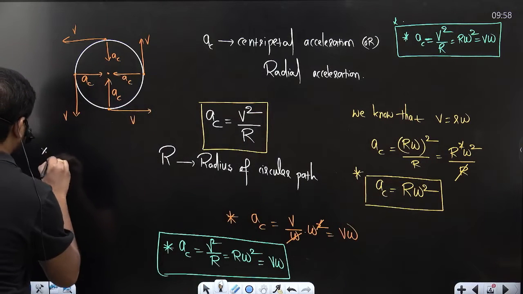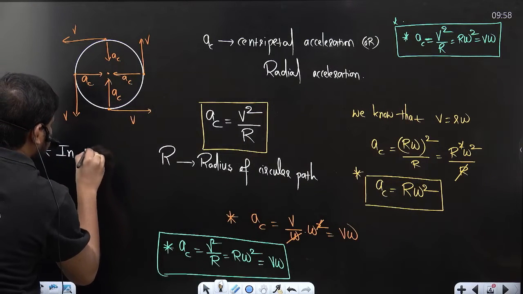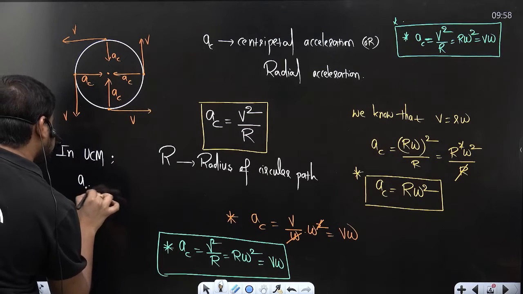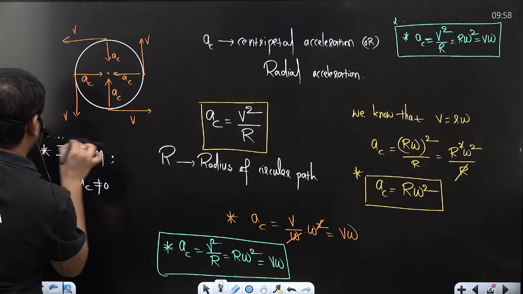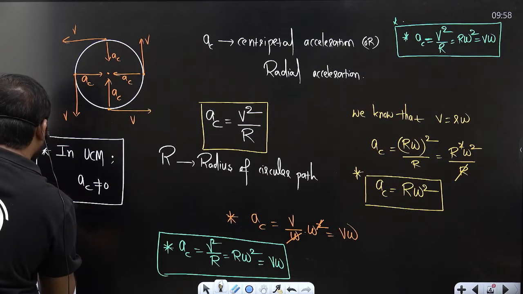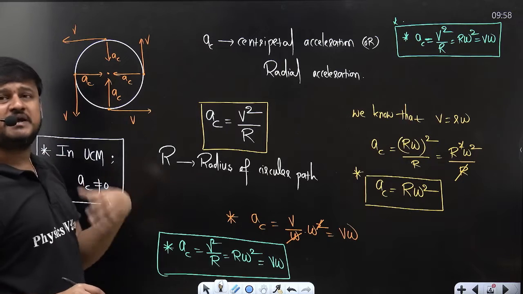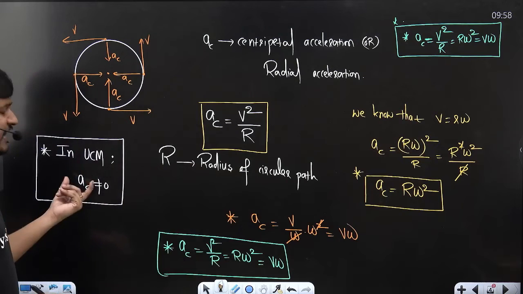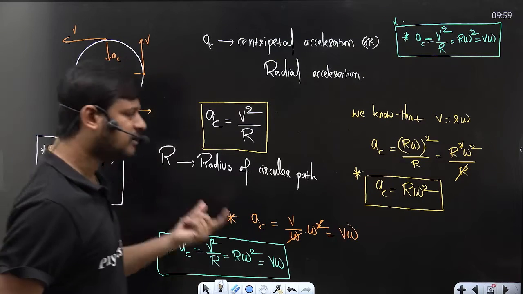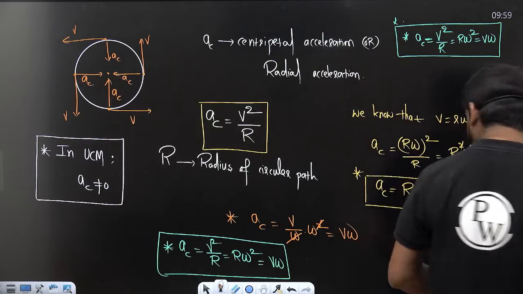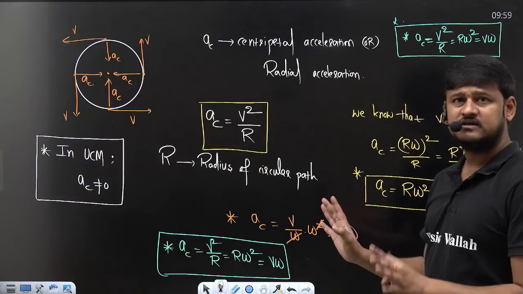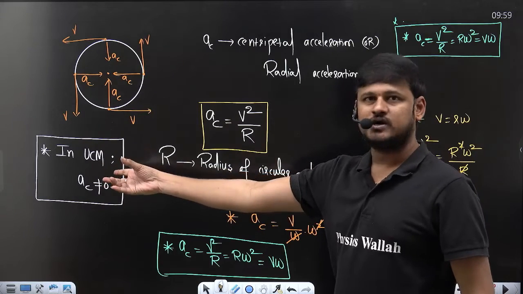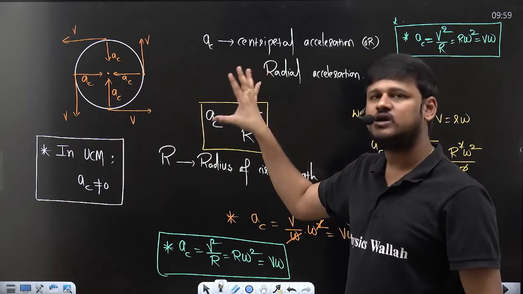In uniform circular motion, the AC is not equals to 0. The acceleration is not equals to 0. Uniform circular motion means only its speed is constant, but its direction changes. Due to the change in the direction, the acceleration that acts towards the center is the centripetal acceleration. Okay, clear? Why I am repeating this is because questions can be framed in different ways, so you should understand each and every point in detail.